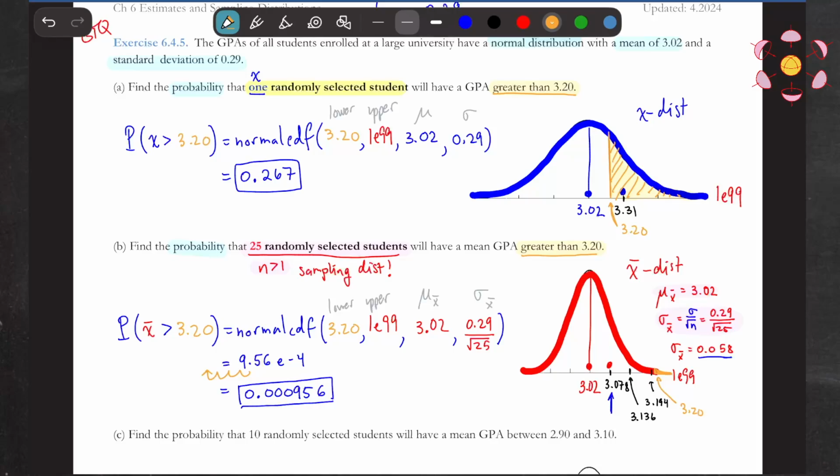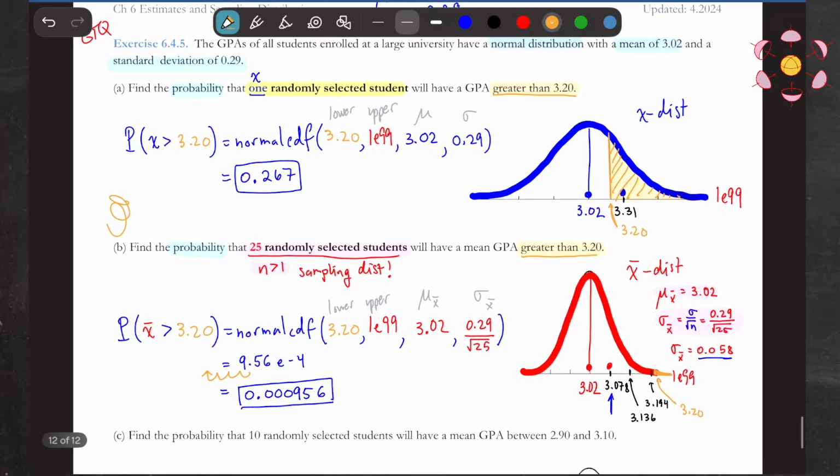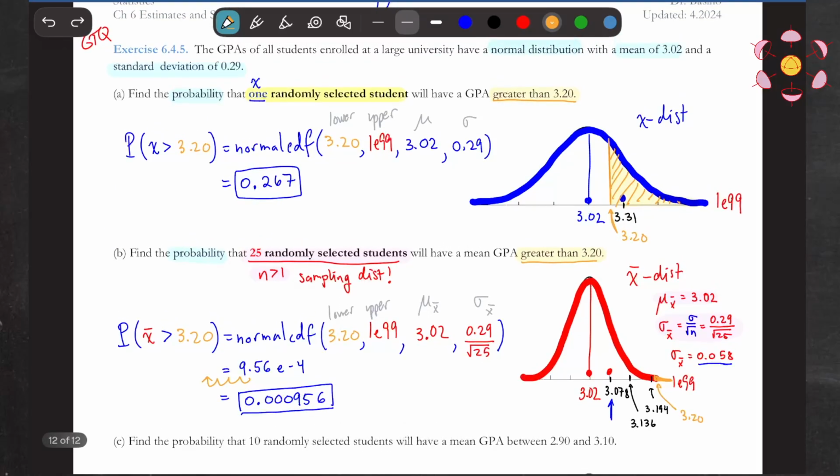Well, it's going to be much, much harder for a group of 25 students to also have that same exact GPA, right? Because you've got good students, poor students, and all students in between. So if you're grabbing a big group of students, generally the GPAs will be a little lower. So to say, okay, 3.2 is a really good GPA, right? And if you look at this school, right?